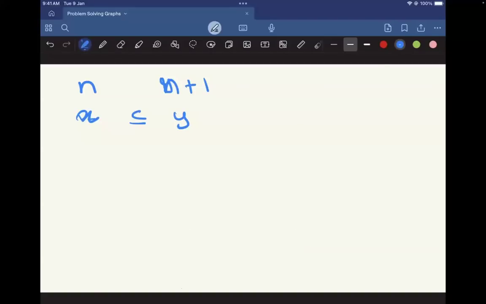Yes or no, guys? As I increase my n, the number of light bulbs on will also increase. It's going to be at least x, and then it might increase depending upon what n plus 1 is.